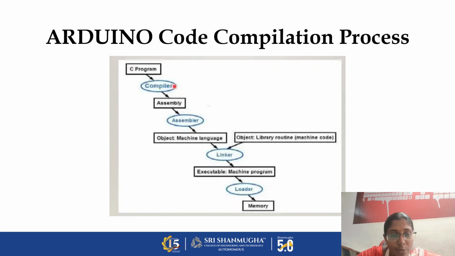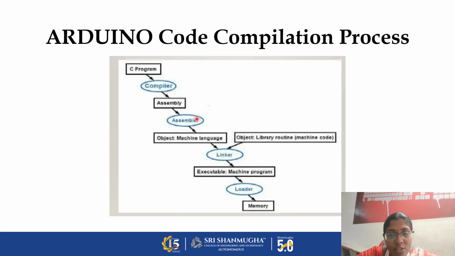Before that, it checks whether there is any error in your written C program. That can be modified, and again it can be compiled. The C program is converted into an assembly level language program with the help of this compiler, and that is sent to the assembler.